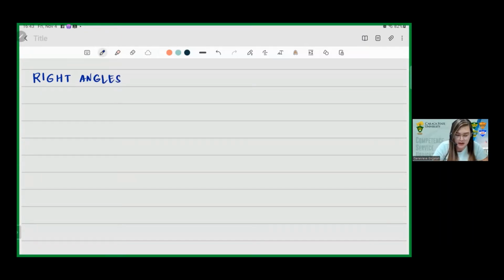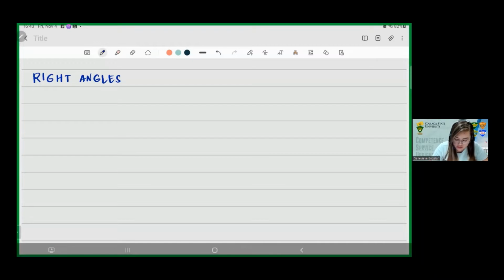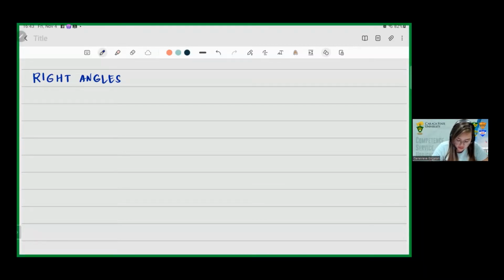Okay. So, right angles are, their form is like this. Pardon my drawing.